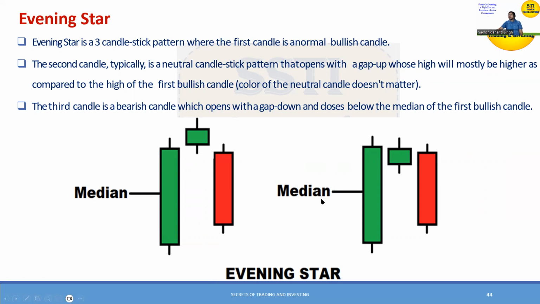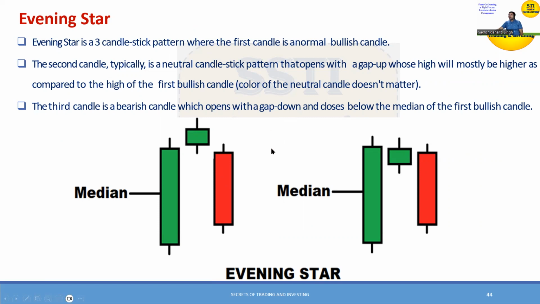So if you find this three candle combination, that will be treated as an evening star, and its significance is again at the top of the trend. When such a candle pattern is found at the top of the trend, it has the most significance. That means it is giving you the sign of a reversal.